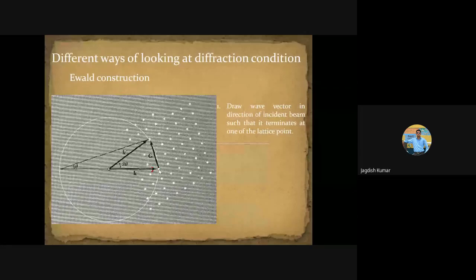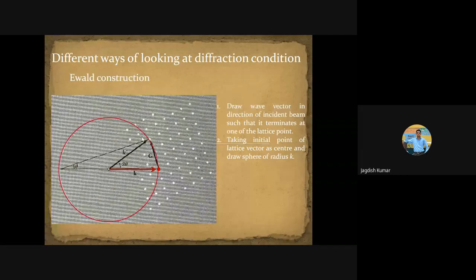That's the first part. The second step is to take this initial reference point and draw a circle of radius equal to the magnitude of this k vector.